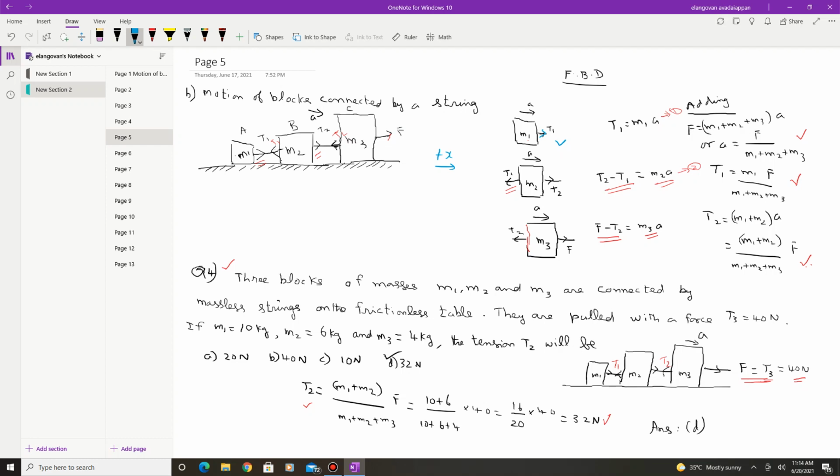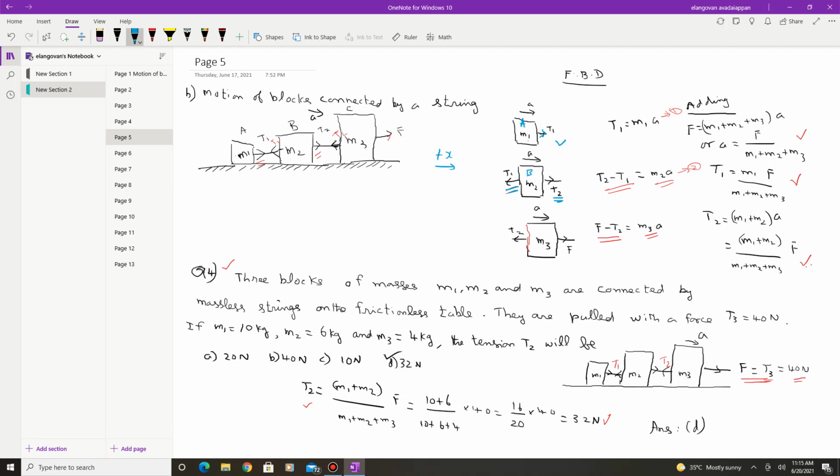So this is T1 for the block A. And for the block B, you have two tensions, because one is from B to A, this tension is T1. From B to C, because B and C are connected by a string, the tension is given as T2, and the acceleration A is along the direction of the force.